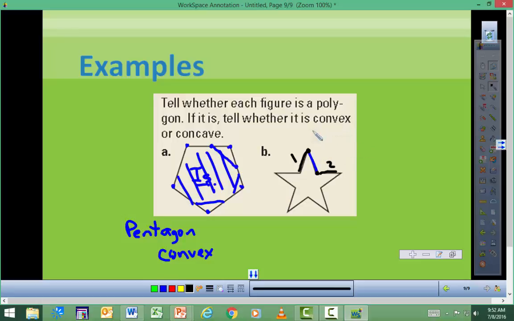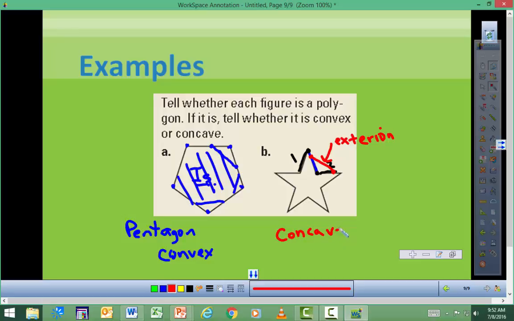And now we want to answer whether it's concave or convex. Well, you'll notice that if I take a point on this segment and a point on this segment, and then join those to form a new segment, part of that is on the exterior. And so what that means is this polygon is concave.